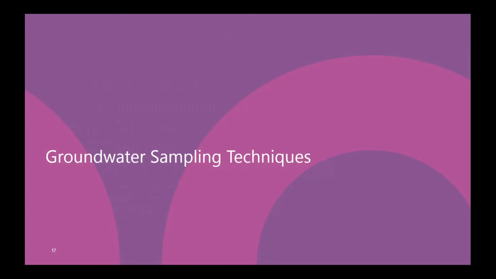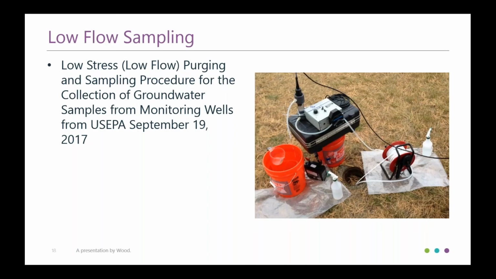Groundwater sampling techniques. So I think this is one we're all familiar with, low flow sampling. This is the EPA Region 1 latest and greatest SOP. In the slide, you can see standard setup.